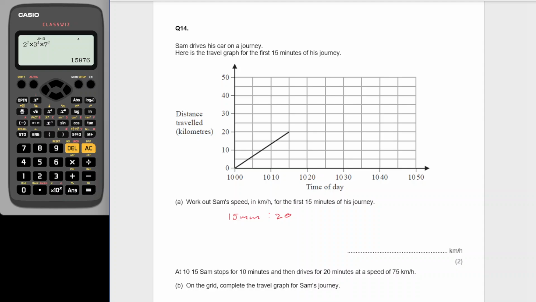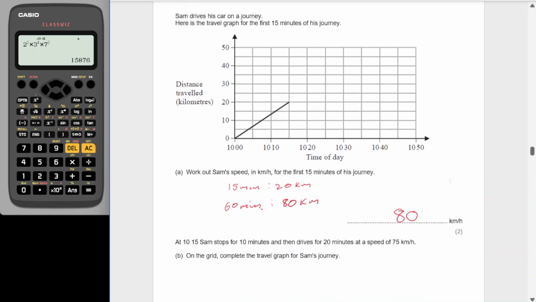So if I want the speed in per hour, I've got to go 60 minutes is 1 hour. So I've times by 4, so it would be 80. So speed of 80 kilometres per hour.